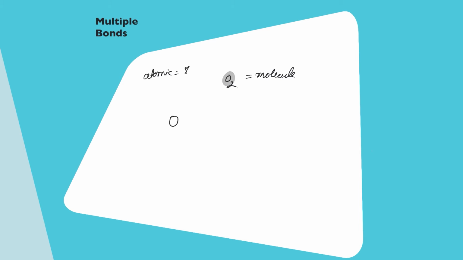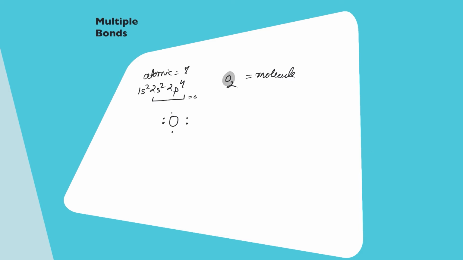So how do you draw? 1s2, 2s2, 2p6, sorry, 2p4, right? So if you see, the valence electrons are 6, so how do I show them? Well, you can simply show them like this, right?